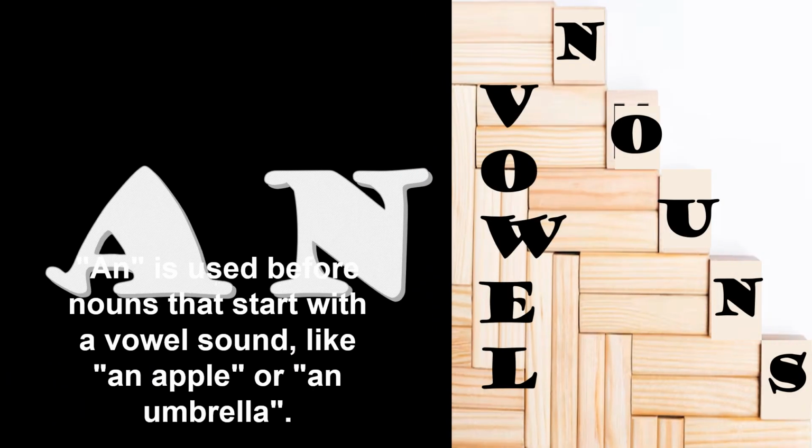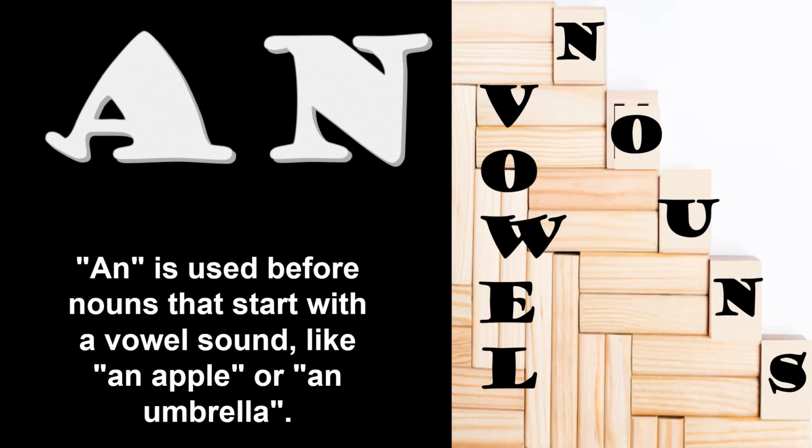An is used before singular nouns that start with a vowel sound like a in apple and e in elephant. So an apple or an elephant. Even an umbrella. So an umbrella. Vowels are the letters A, E, I, O, U. But each vowel makes a special sound.